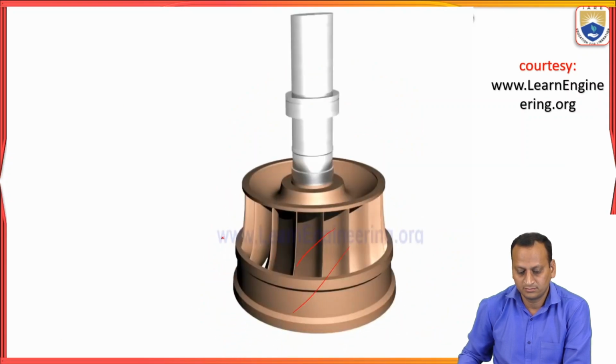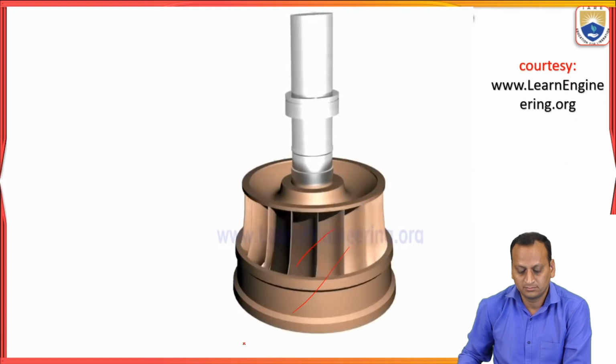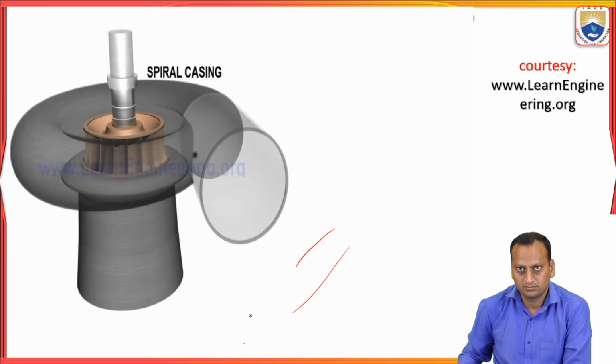The rotor is connected to a generator via a shaft for electricity production. This arrangement is fitted inside a spiral casing. Flow enters via an inlet nozzle.